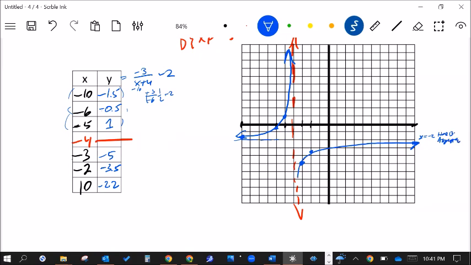Now here the curve continues going and it has to go down. Okay. So this one is actually like so. And this curve continues and gets closer and closer, but never actually touches the asymptote. And therefore now we've graphed this.